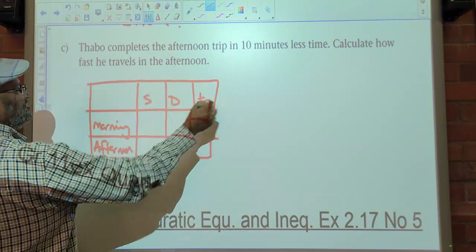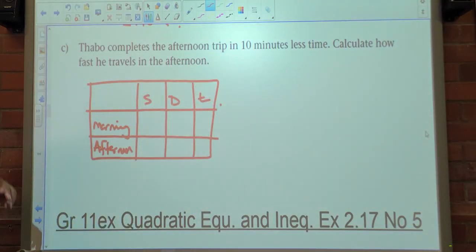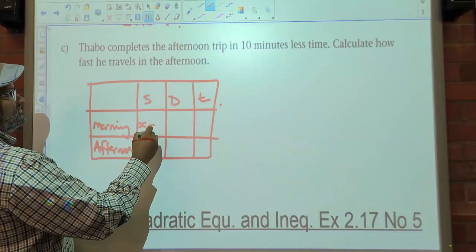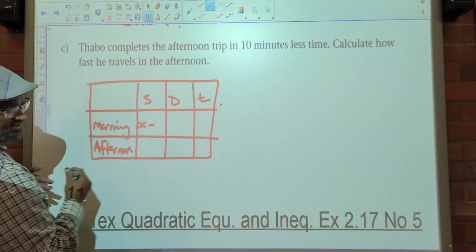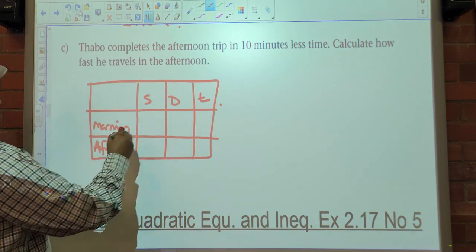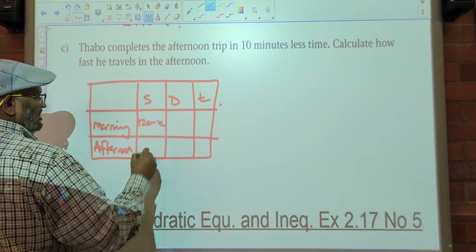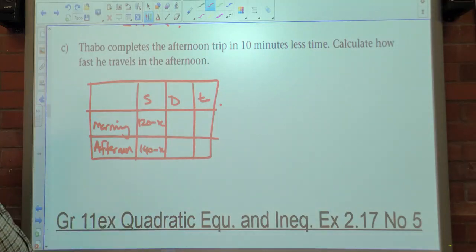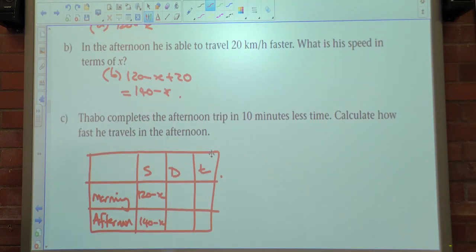Speed, distance, time. What speed does he do in the morning? 120 minus X. In the afternoon? 140 minus X. Now, people, the distance covered has to be the same.